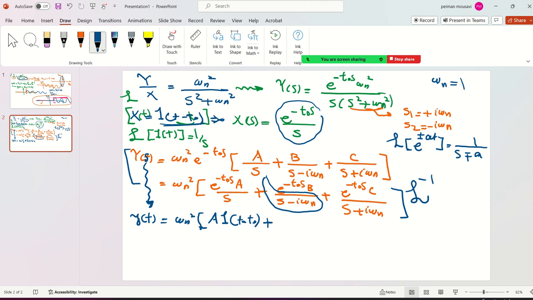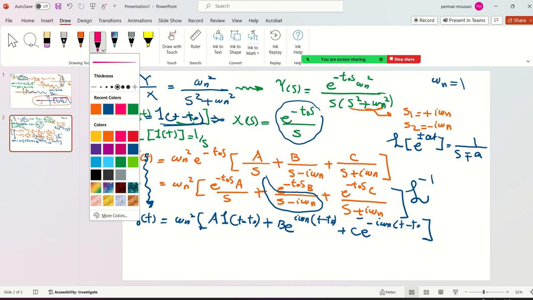So you're going to have here b e, because this is minus, it's going to be plus i omega n, but delayed t minus t naught, plus c, and here it's plus, going to be minus i omega n, t minus t naught.